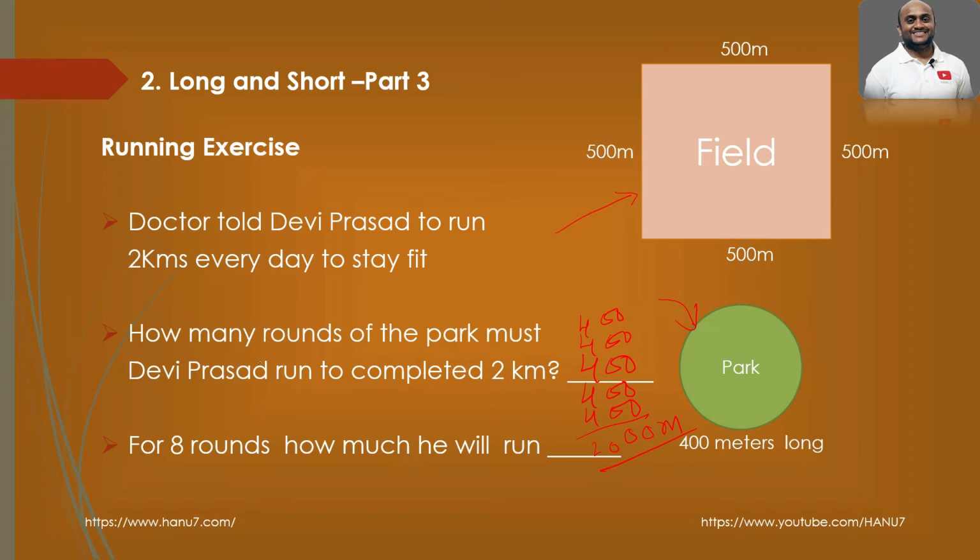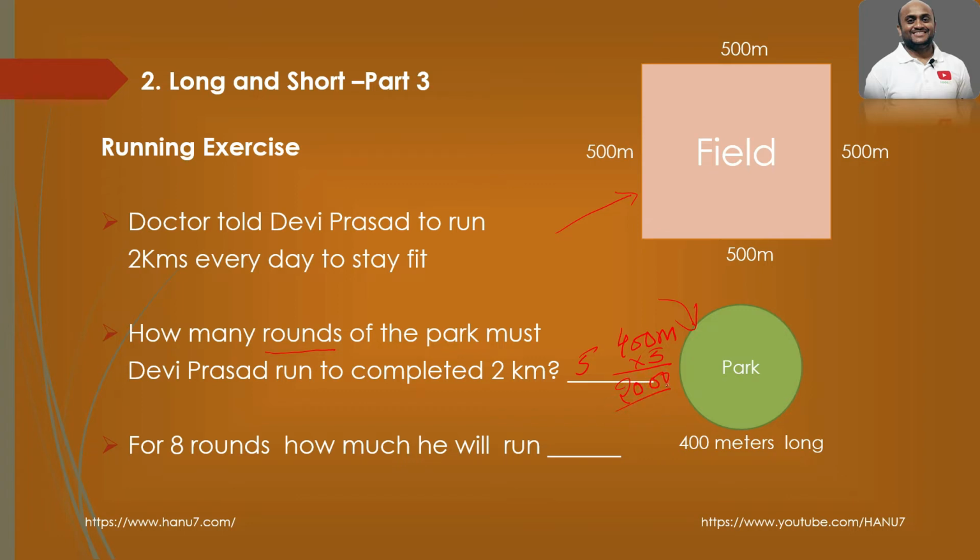So the answer is 5 rounds. Instead of adding the numbers, we can simply do 400 meters into 5, which gives us 2000 directly without doing this addition.